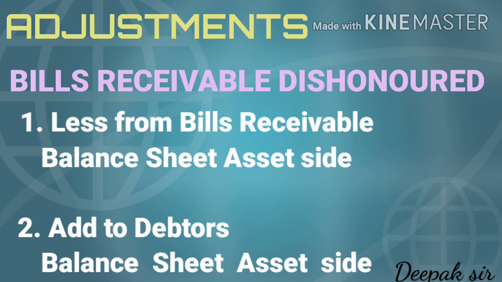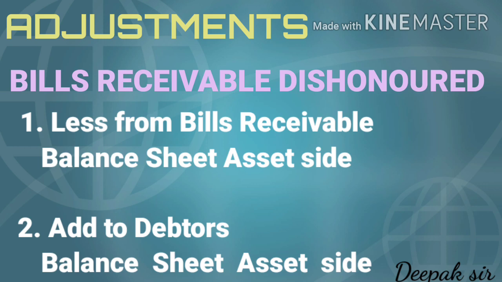So for bills receivable dishonored, both the effects will come in balance sheet on the asset side. The first effect, we have to deduct from bills receivable, that is on asset side, and the second effect we have to add to sundry debtors, that is also on asset side.